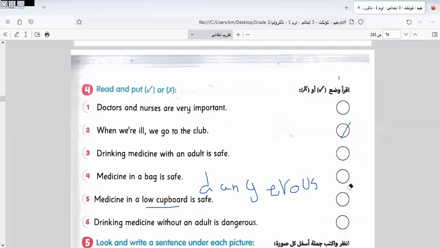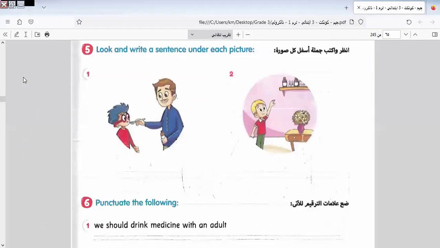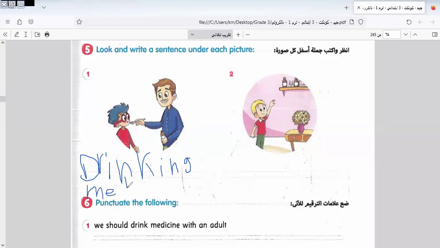Let's go to another one here. Here we have drinking. I will write the sentence that we learned: drinking medicine with an adult.